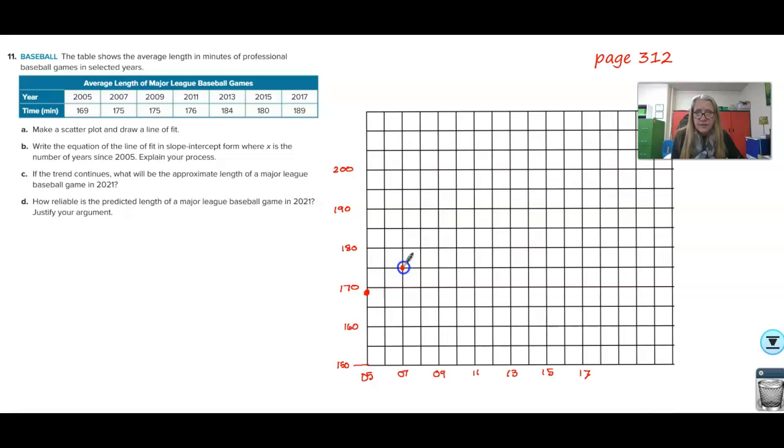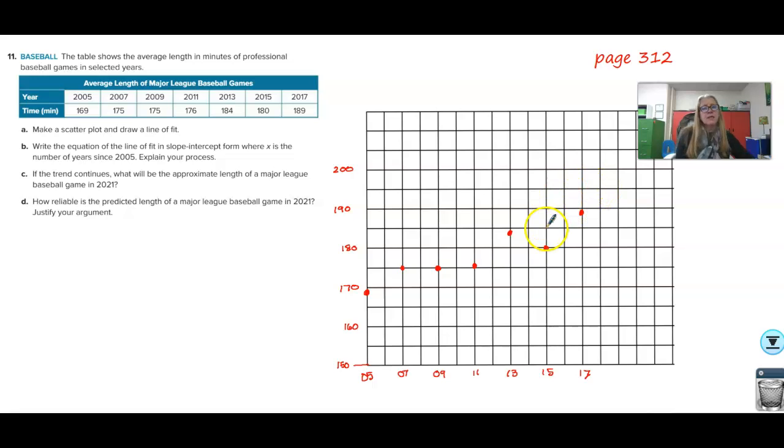It should be right here. 09, we have 175. 11, we have 176. 13, we have 184. 15, we have 180. And 17, we have 189.